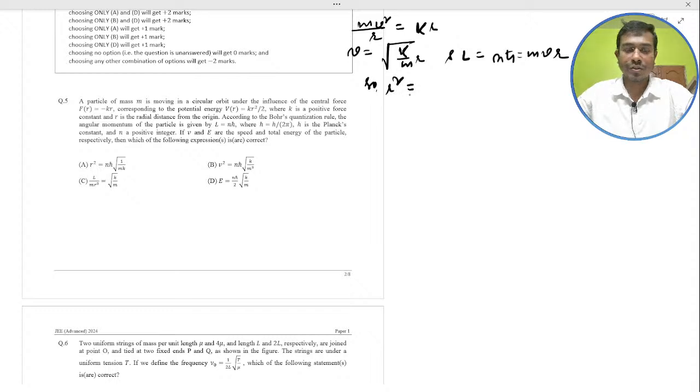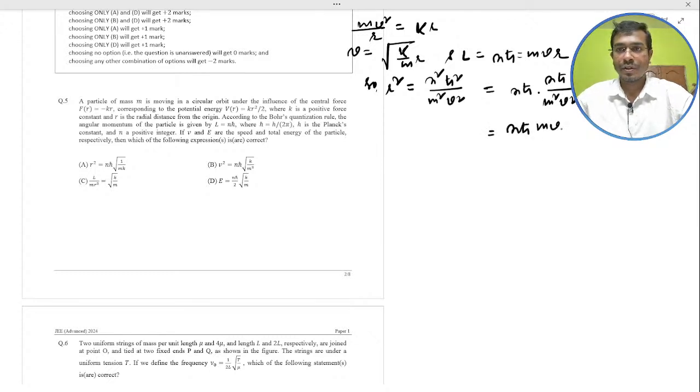So r² is n²ħ²/(m²v²), which is nħ times mvr divided by m²v², or r² = nħ r/(mv), that is nħ times 1/(mv), with v being √(k/m) r.